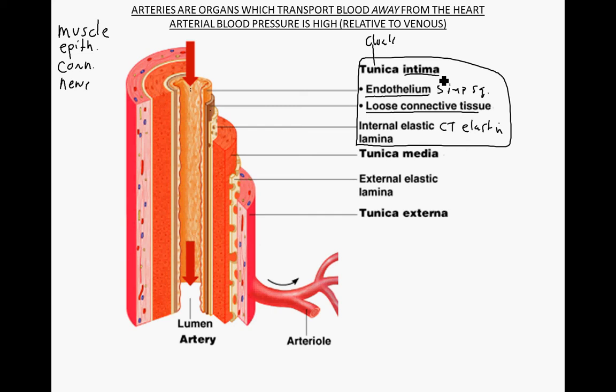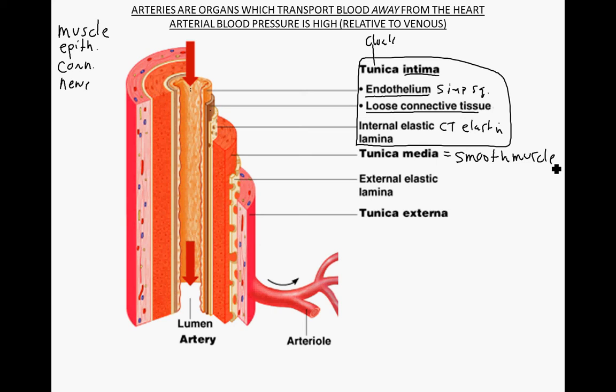The tunica media is the middle layer there, and this tunica media is smooth muscle. So there's a layer there of smooth muscle that will be relatively thick compared to a vein, which we'll look at in just a little bit.